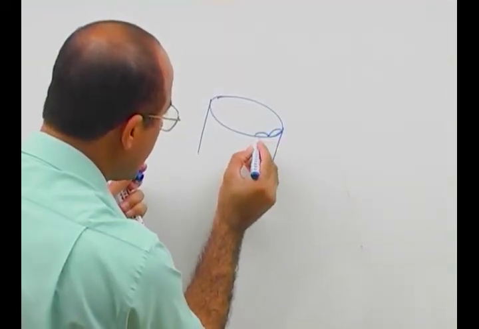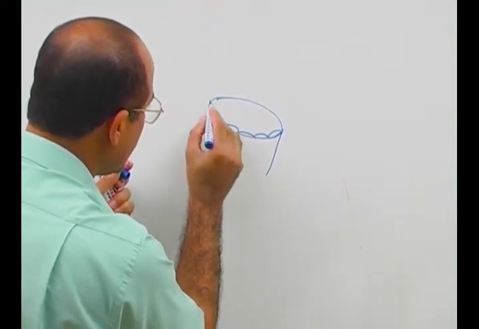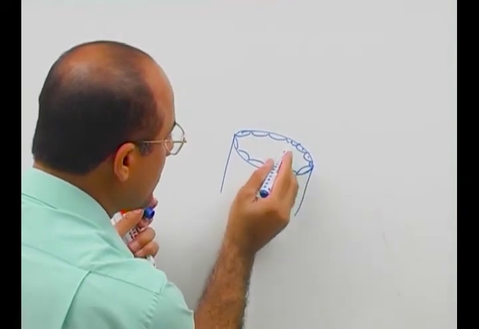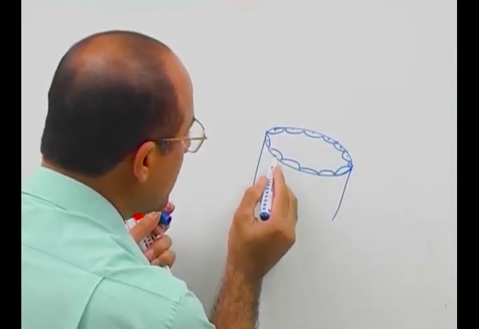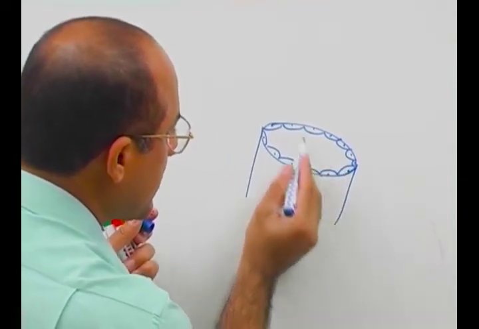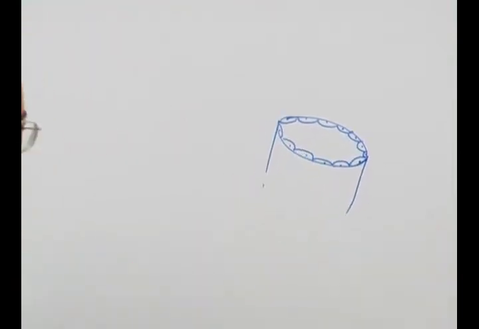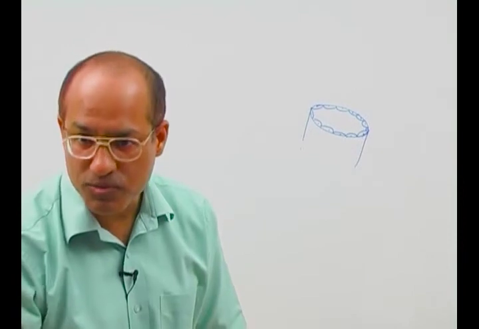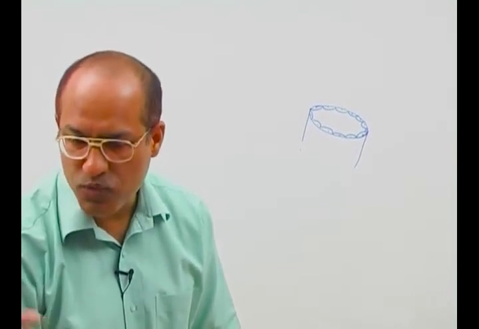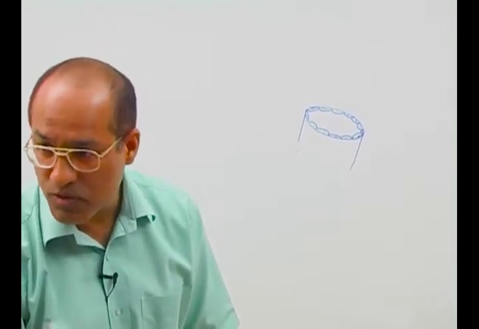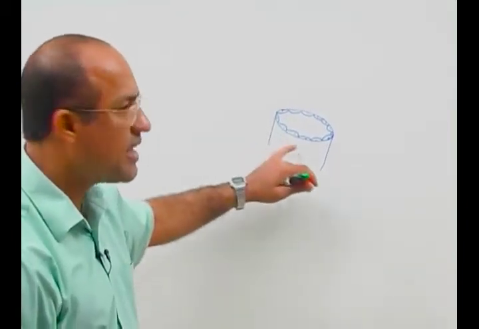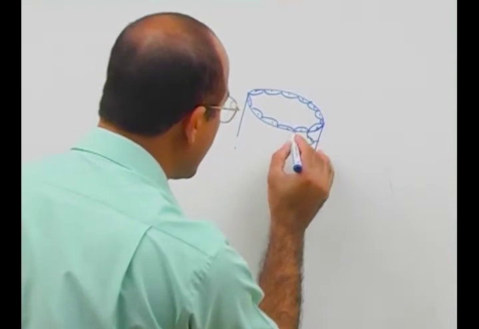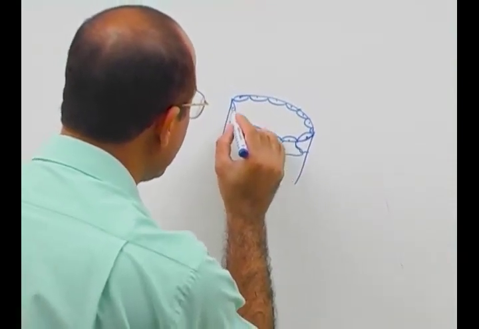The artery has these, what are these cells? All the cardiovascular system is lined by a single layer of flat cells. These flat cells are called endothelial cells. You know it. All the cardiovascular system is lined by flat squamous cells, simple squamous cells, and these cells are called endothelial cells.